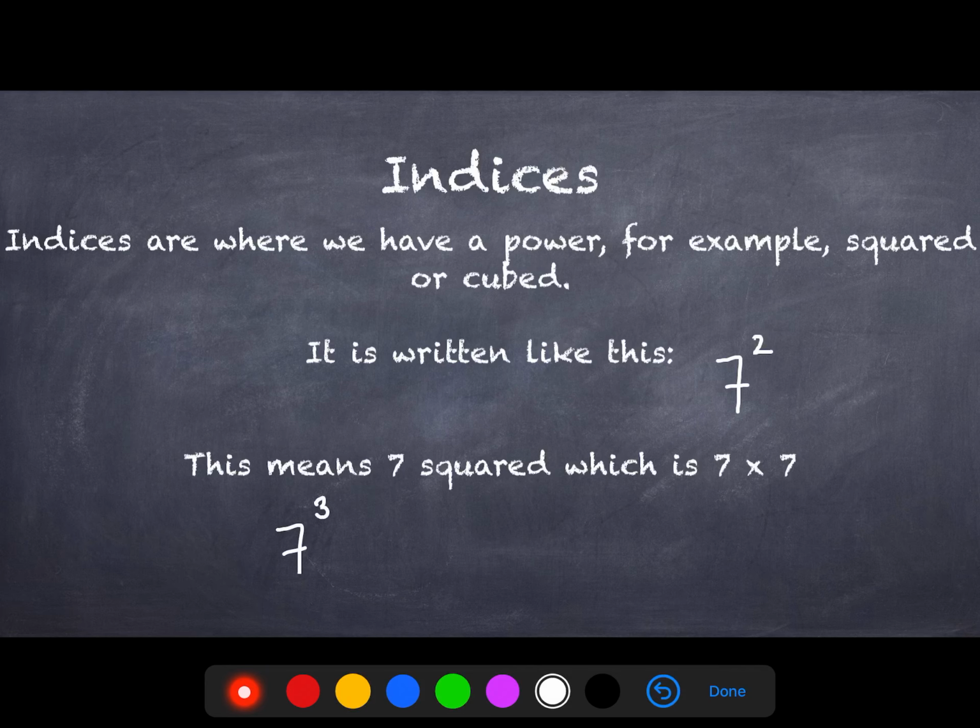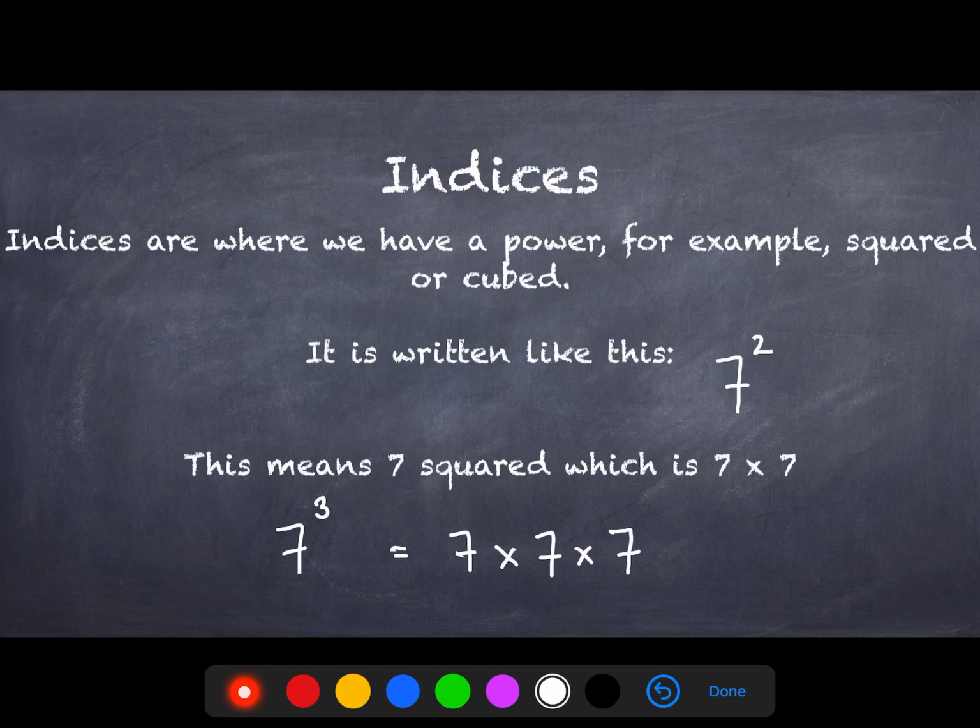If I had 7 with a little 3, that means 7 cubed. That little 3 shows me that I've got an indice. And that would be the same as 7 times 7 times 7. Okay, so I've got 7 times 7 times 7, so 3 times. When it's 7 squared, I only have it twice. Okay, so they are the next thing to do after we do the brackets.